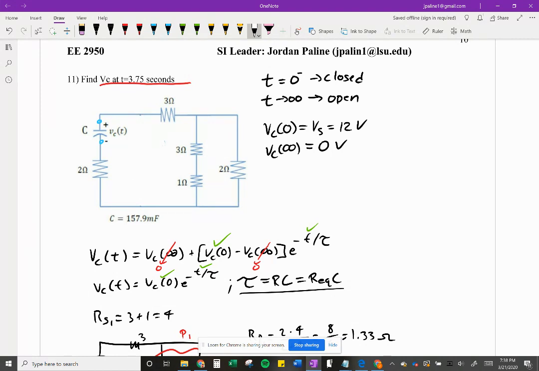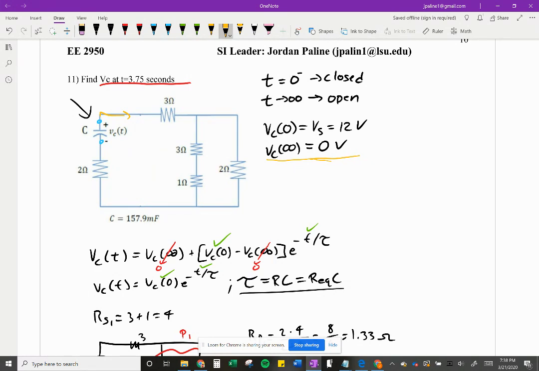Now this capacitance is the only thing that has voltage in it, so it's what's going to supply voltage to the rest of the circuit. But if I let it run forever, it's going to run to 0.